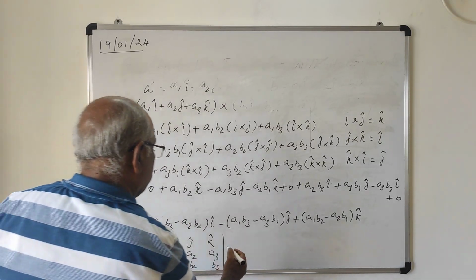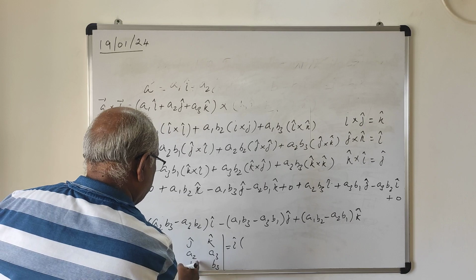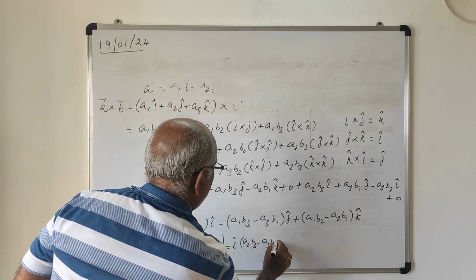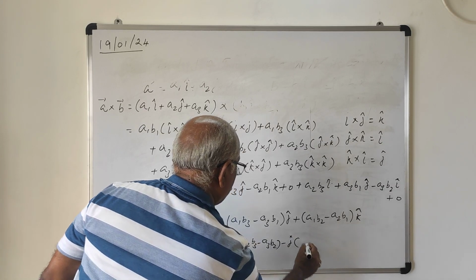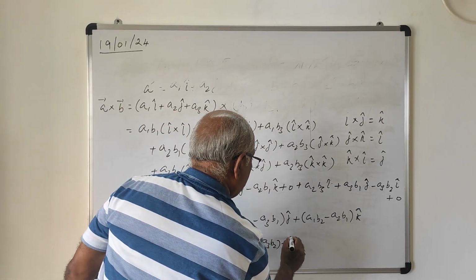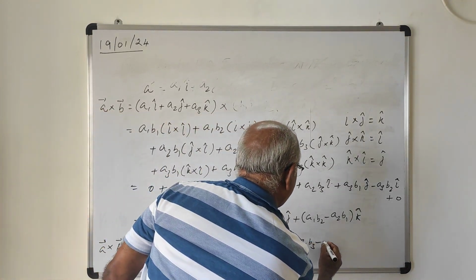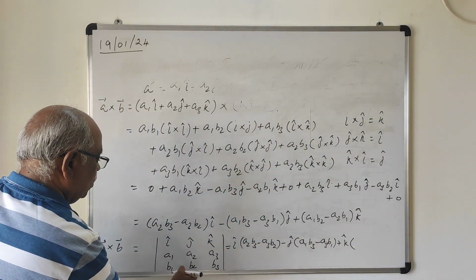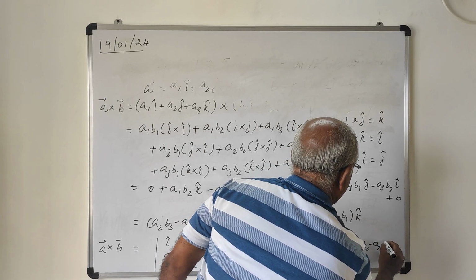Expanding the determinant, you will see I vector into A2 B3 minus A3 B2, you know the expansion of the determinant, minus J vector into A1 B3 minus A3 B1, plus K vector into A1 B2 minus A2 B1.